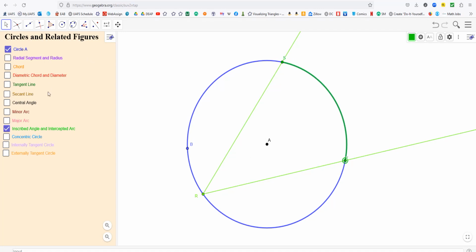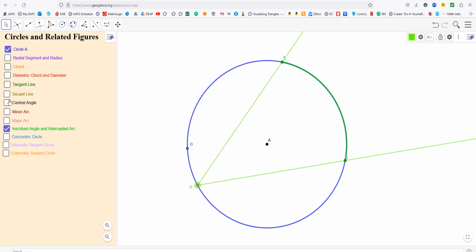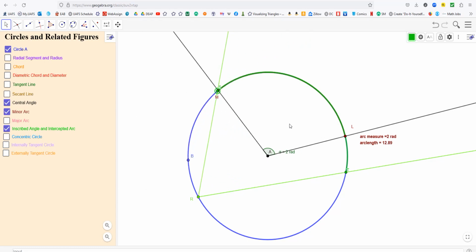Remember, we could have it intercept the same arc without the vertex being on the circle. For example, we could have a central angle here. Where's the minor arc? So here's a central angle for a minor arc. Let's have it sort of intercept the same one. We could have the central angle intercepting this arc, and we could have this inscribed angle intercepting the same arc.